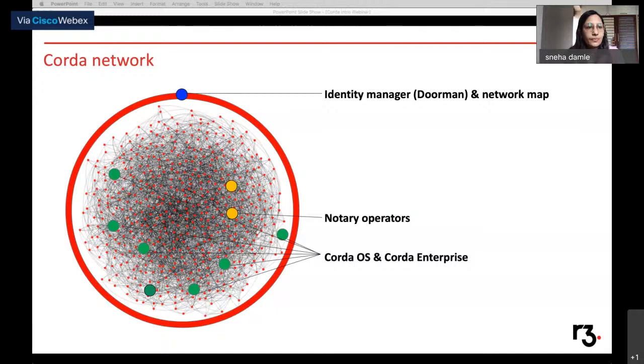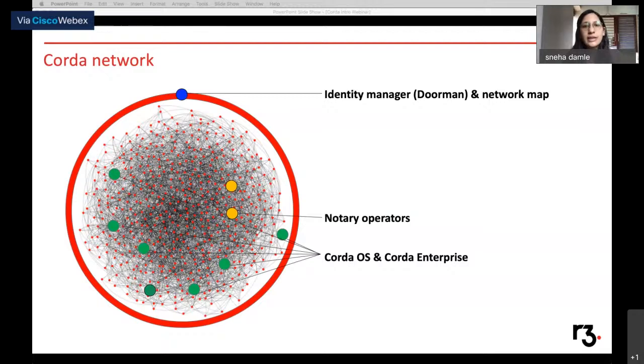If you look into the diagram, the green dots represent individual Corda nodes or participants of the network. The blue dot represents the identity manager, or you can call it the doorman. This entity is responsible for performing the KYC checks for all the parties who wish to join this particular Corda network.